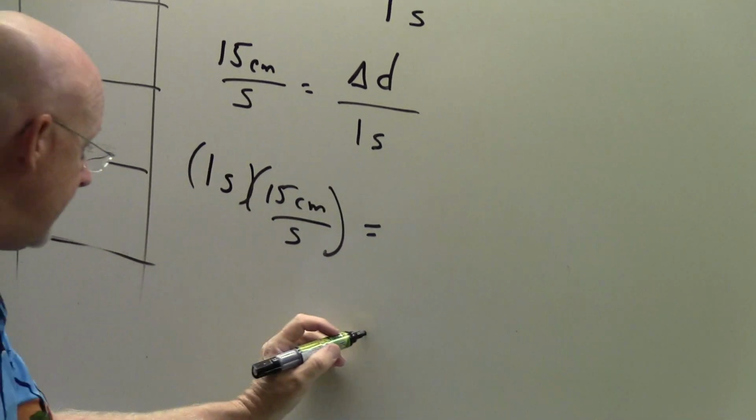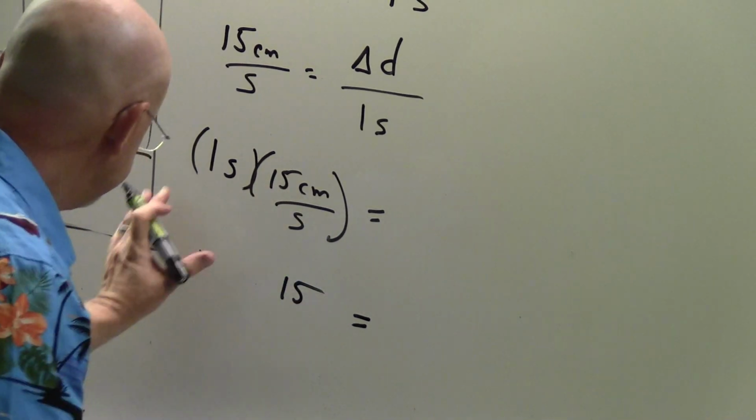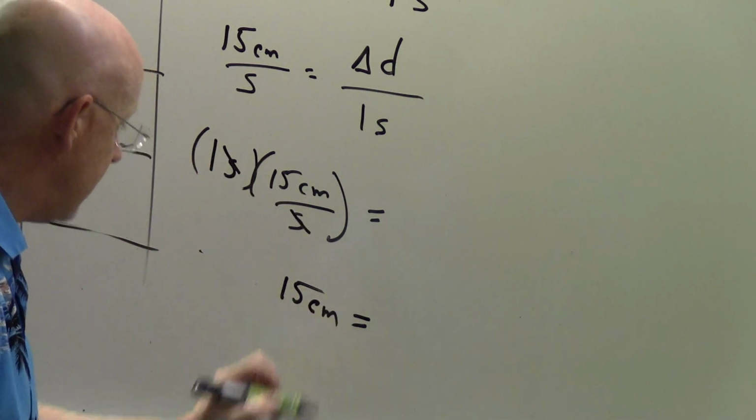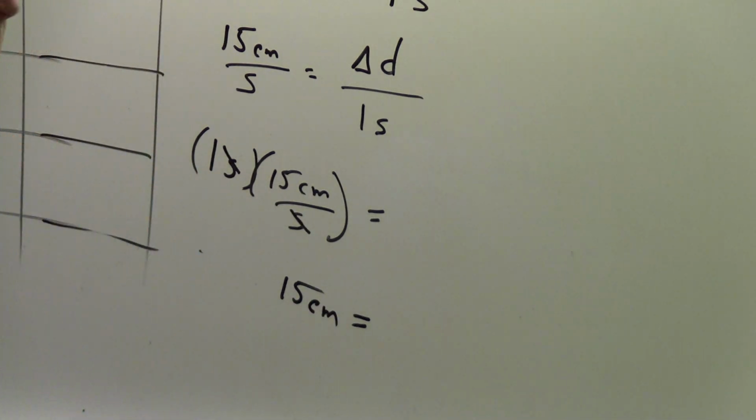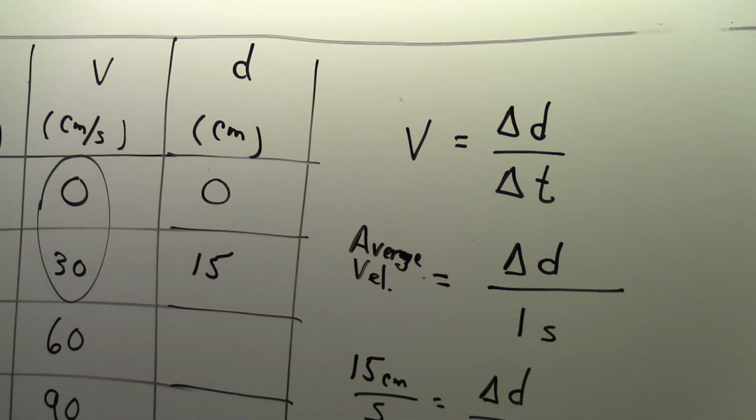And mathematically, 1 times 15 is pretty easy. That's just 15. And then seconds would cancel with seconds, and I would get 15 centimeters. And so this is saying that the distance between here and here should be 15 centimeters.